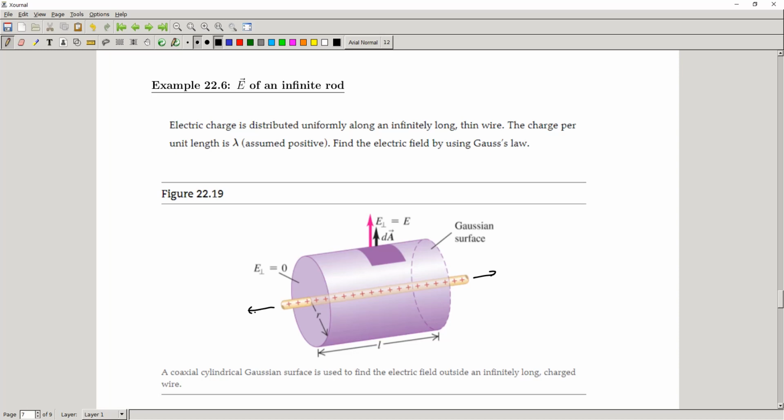And so what do we have here? We have this electric charge distributed uniformly along the length of the wire. We have a charge per unit length, lambda, shown here. We assume it's positive, and we want to find the electric field by using Gauss's law. They didn't label it here, but I'll put it in. We have lambda, and so we have some big Q distributed over, well, we have to be careful here.